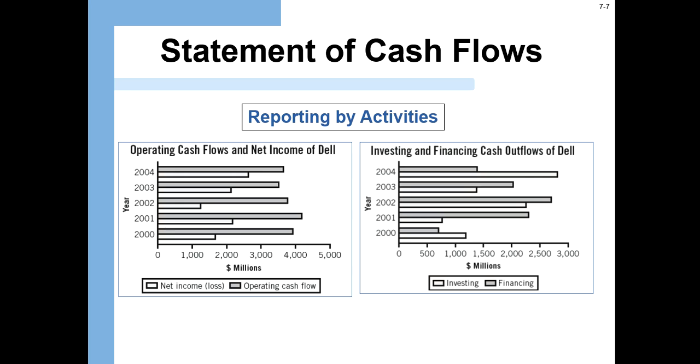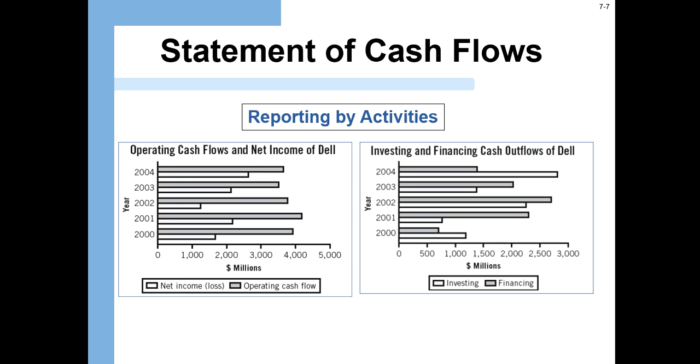So cash flows from the operations is way broader than net income. It includes many more activities than income. And during the whole period here, we can see that operating cash flow is higher than net income.